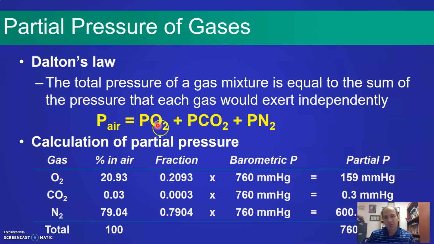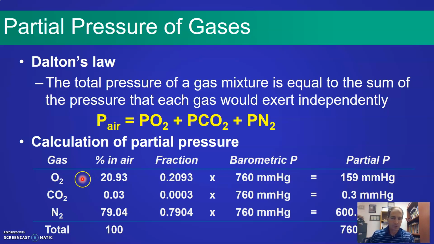Now, all these pressures are decided by the percent of those gases in the air. The good thing is that these stay fairly constant, regardless of whether you're in Florida, on top of Pikes Peak, in Tibet, or on Mount Everest. These percentages stay the same.